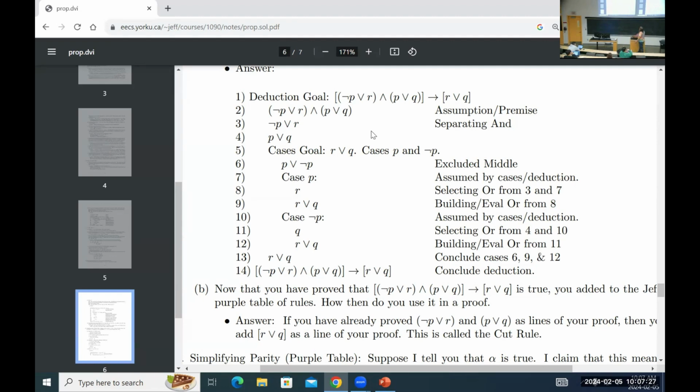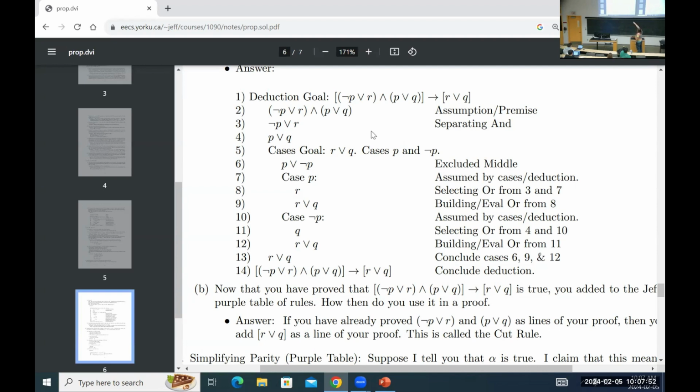So here you can see it's bracket implies bracket. You can ignore what the brackets are right now. You just see that this is an implies statement. And you look in the purple table under implies, and it says you do it by deduction.